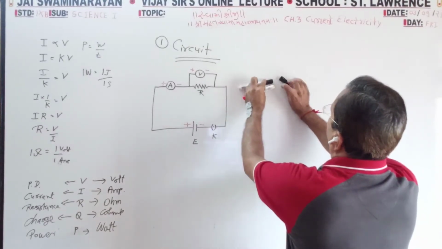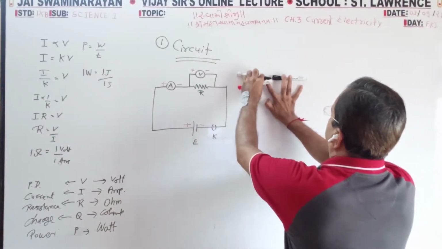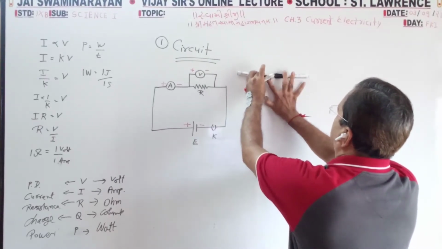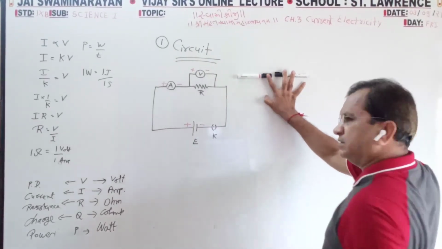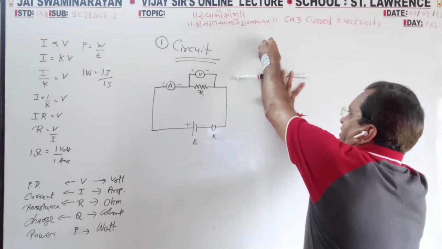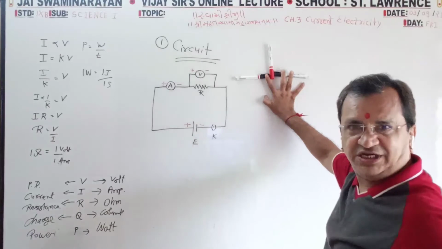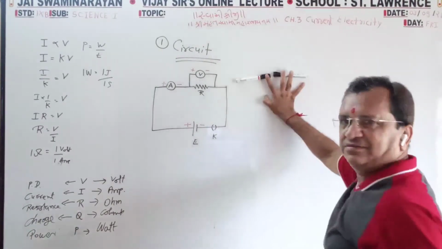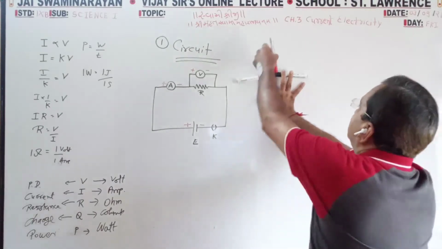This is a wire cut in between. Okay, this is a key. If I insert this key, both the terminals will touch each other, so it will be on. If I remove it, switch off.